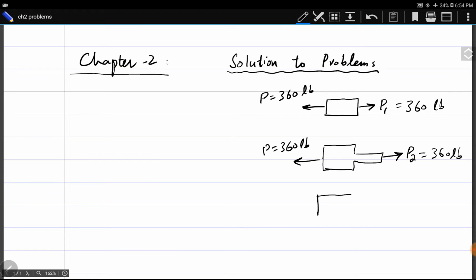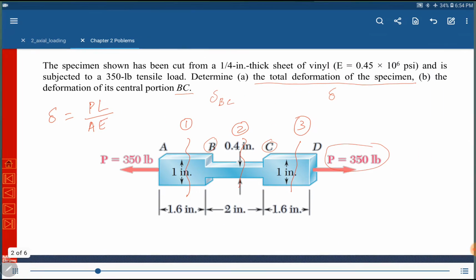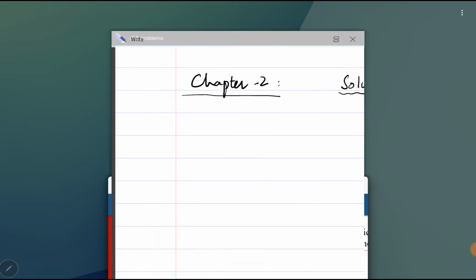Similarly, section 3 exists between C and D. Here will be P3, and again it is equal to the applied load, 350 pounds.